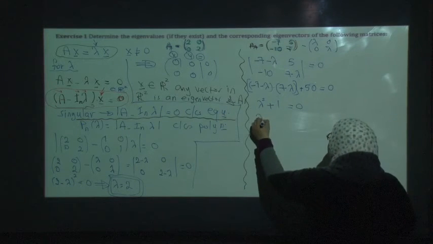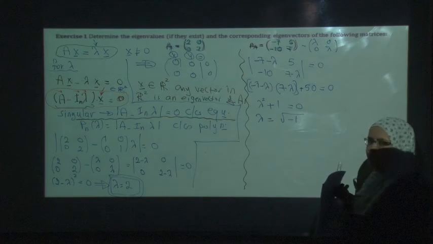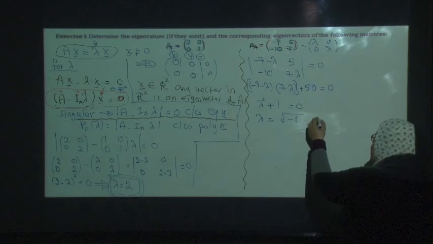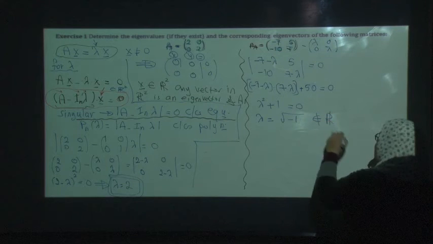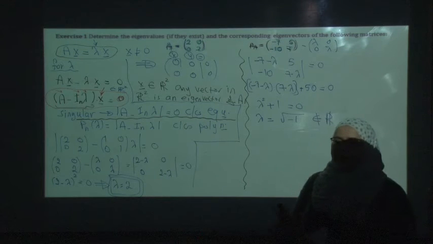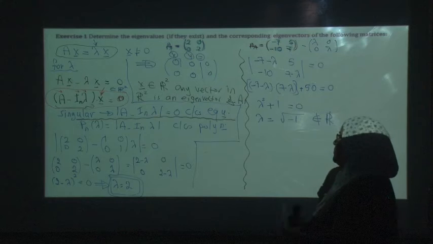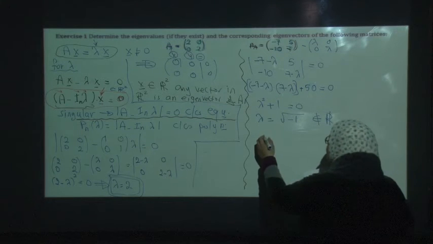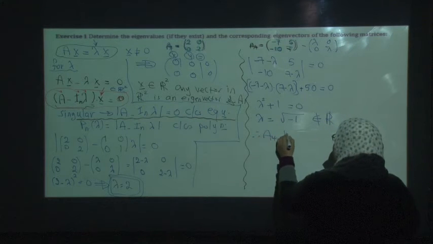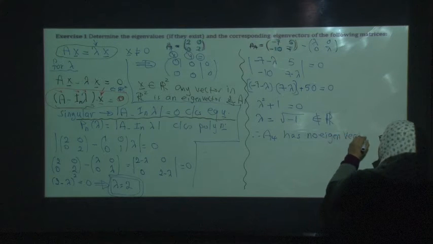Solving this equation for lambda, we will get the square root of what? -1, which means that it's not a real number, so lambda doesn't belong to the real numbers. If a matrix doesn't have a real eigenvalue, we will decide that it has no eigenvector. So we will say that A4 has no eigenvector.